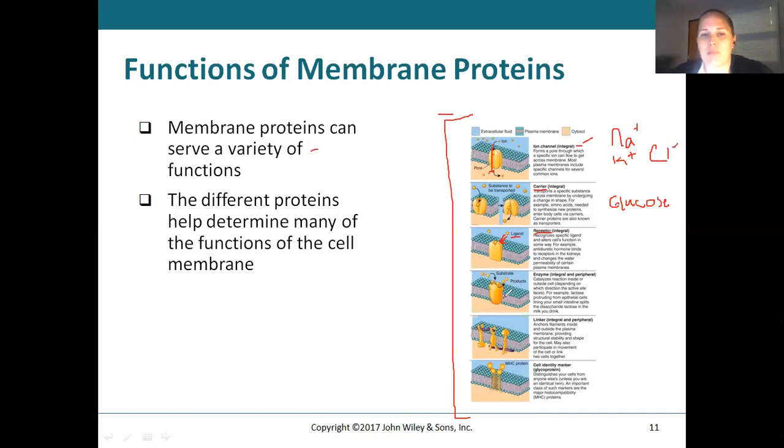Another function of membrane proteins is enzymatic function. If you remember from earlier lectures, enzymes lower activation energy, or catalyze reactions. Some reactions are really important to happen right there at the cell membrane. An example is lactase from epithelial cells lining the small intestine, which splits the disaccharide lactose in the milk you drink.